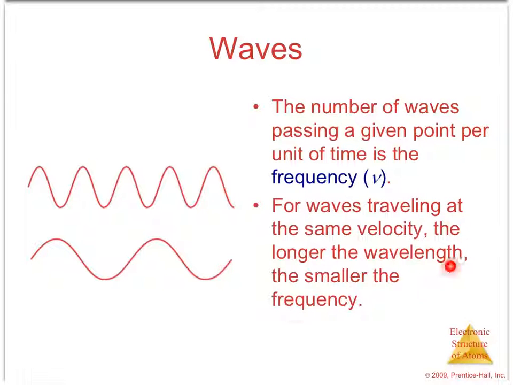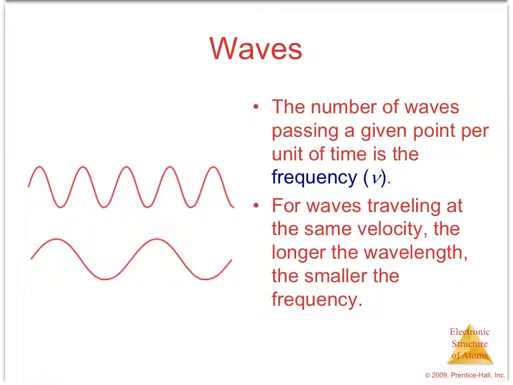Something to note here, this is pretty important. When waves are traveling at the same velocity, which they are when we're talking about electromagnetic radiation, and they have different wavelengths, then that's going to affect frequency.